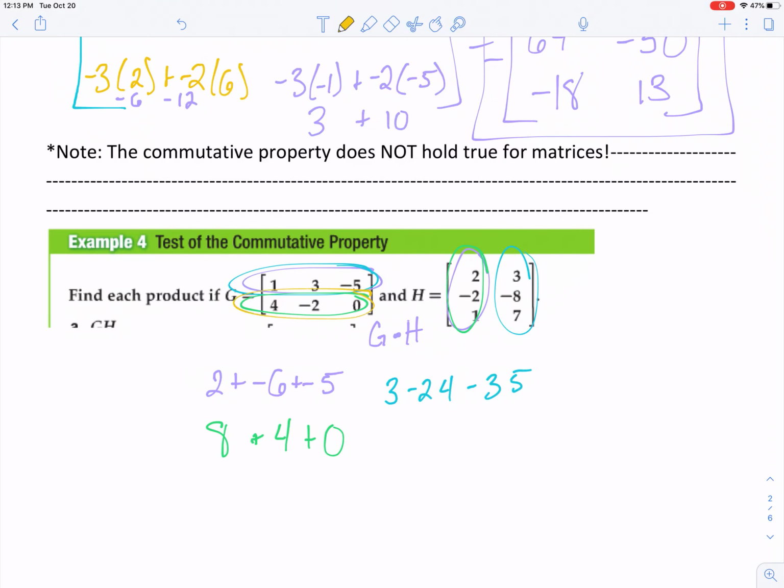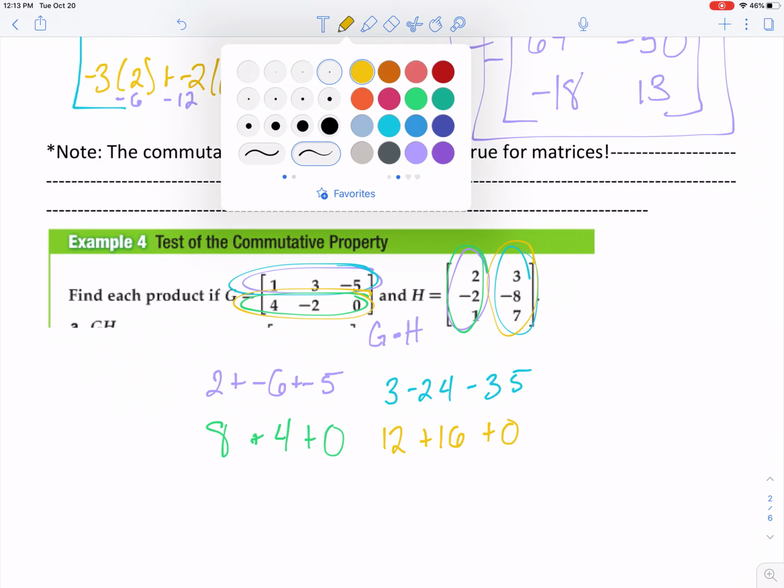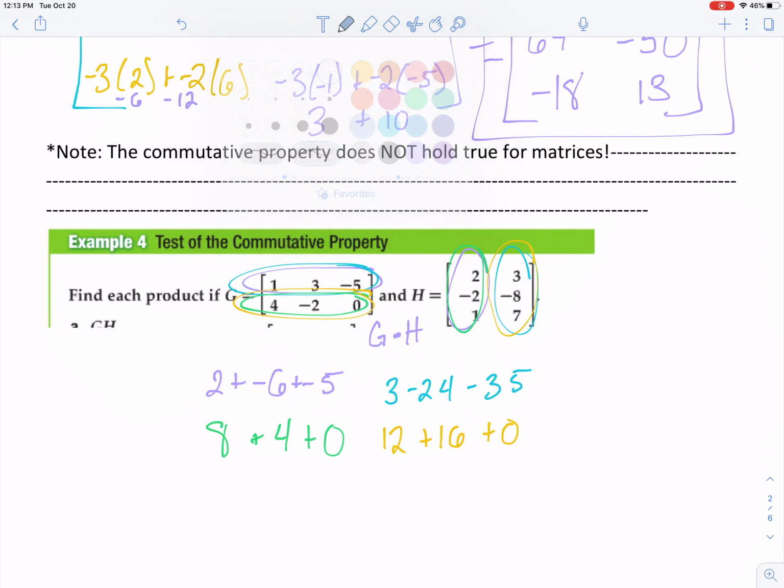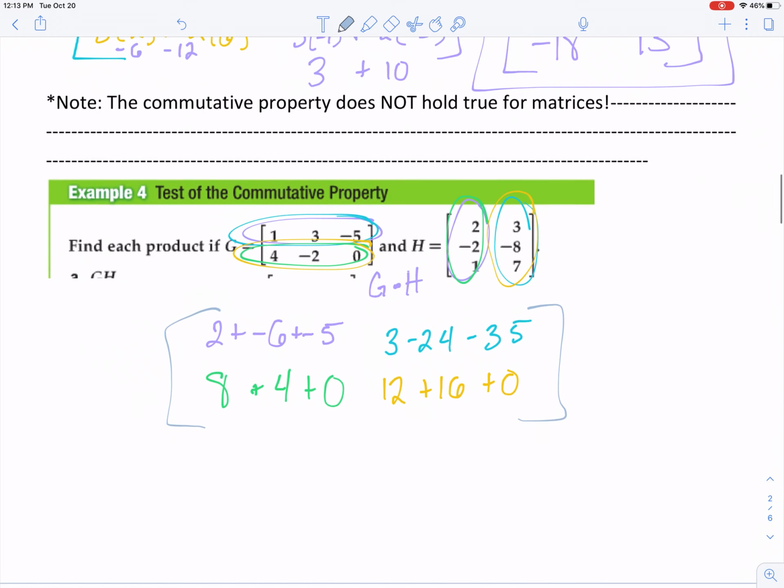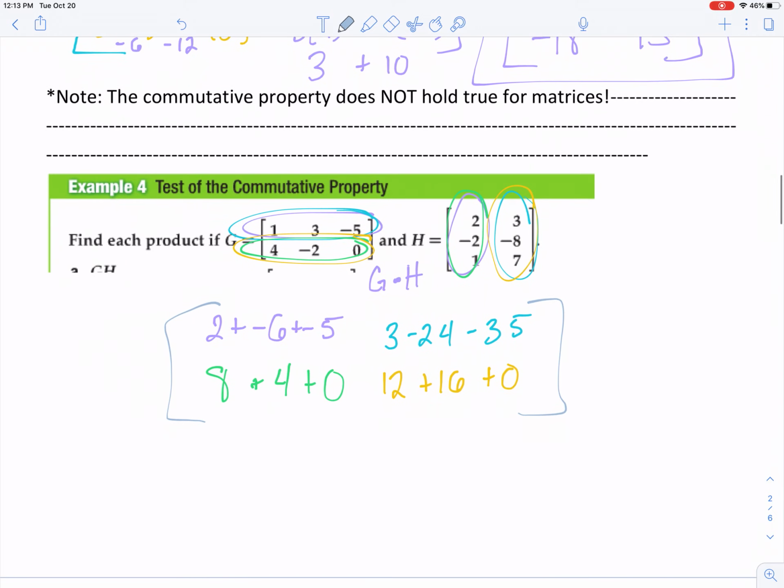Last but not least, second row, second column goes in the second row, second column location. 4 times 3 is 12. Negative 2 times negative 8 is 16. And 0 times anything is 0. So I'm going to go ahead and simplify, write my final answer. 2 minus 6 minus 5 is negative 9.